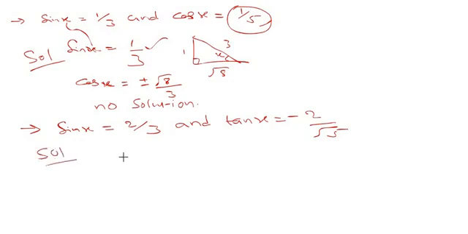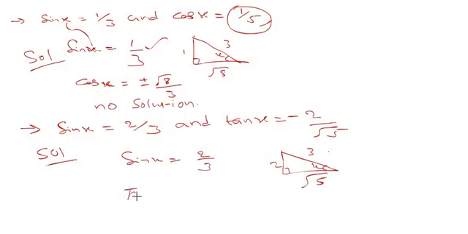Let us solve this. Consider sin x is 2 by 3. Take the right triangle. Here I am taking x, opposite 2, hypotenuse 3. Then what about the adjacent? It will be root 5 clearly, 9 minus 4 under root, it is root 5.